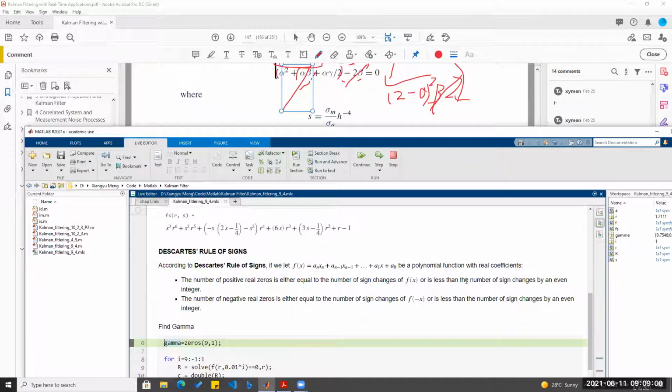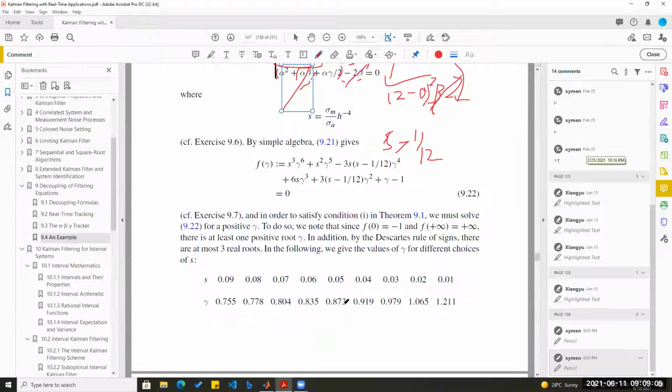So 3 minus 2 means there may be only one real zero.